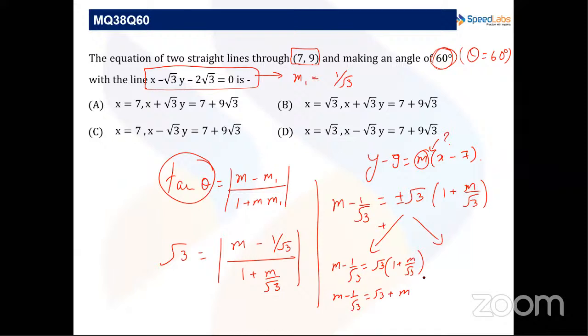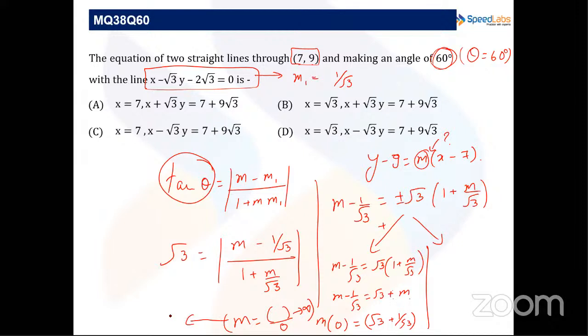So what happened here is, you will get this type of equation and people usually cancel m and m and reach nowhere, but we can do it like m into 0 equals root 3 plus 1 by root 3. So m will be equal to some value divided by 0, that is tending towards infinity.